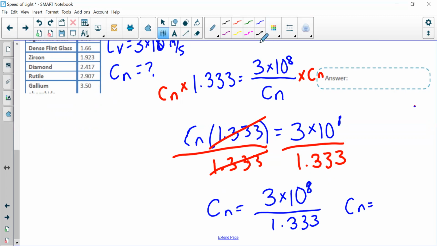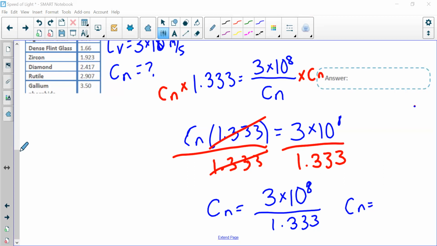Stephanie, you can do this without cross multiplying. Let me go over that here in a second. Okay, so if you have the box over the box fraction button on your calculator, on mine, I can just do 3 times 10 with my exponent button, to the power of 8 over 1.333.